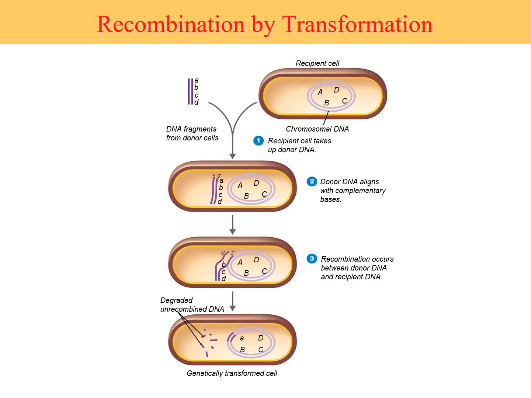And here you see an example of recombination by transformation shown at the single cell bacteria level, where you have some free DNA fragments that are taken up and inserted into the bacterial genome.